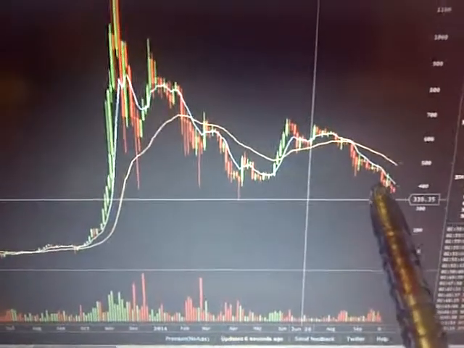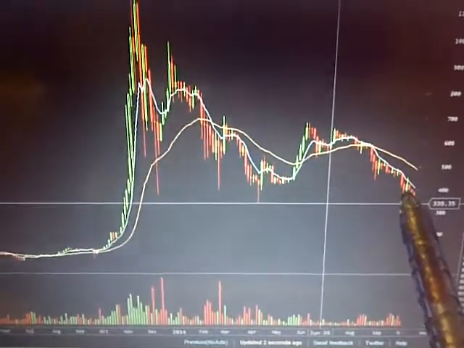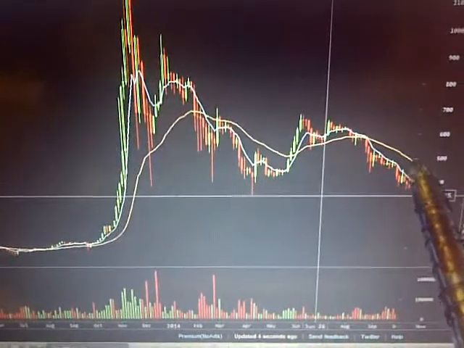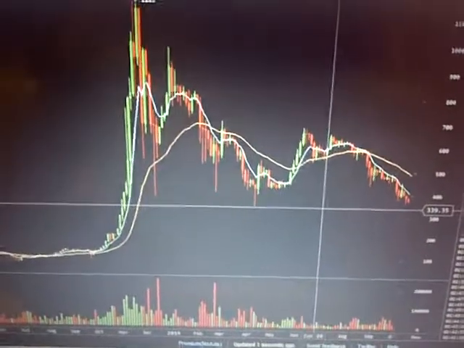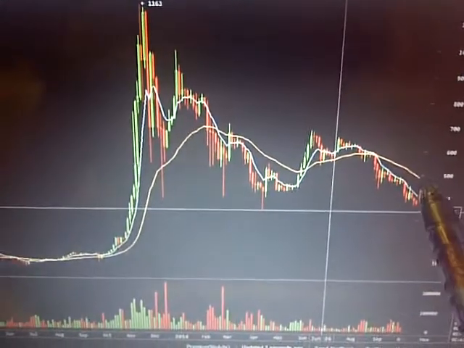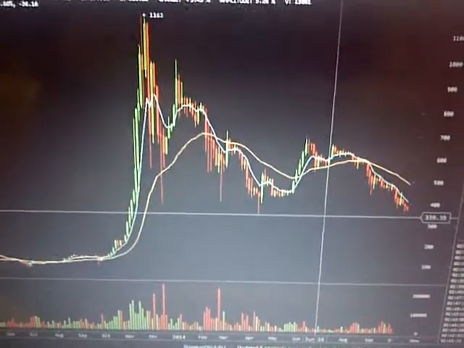So it could go from what it is now at 375 up to around 500, maybe 490. There's a good chance that it could do that. That's just the way it works.